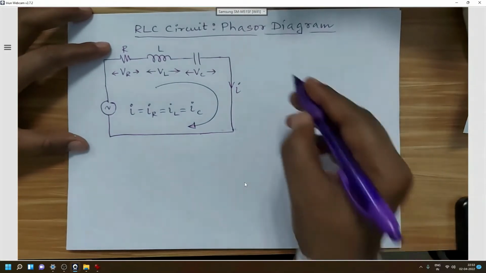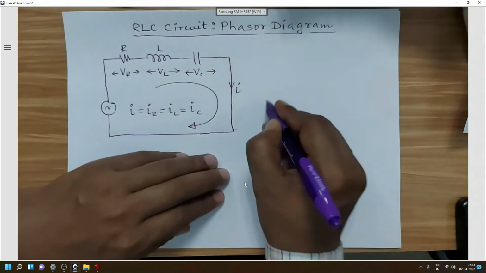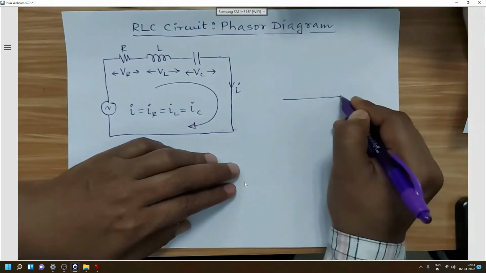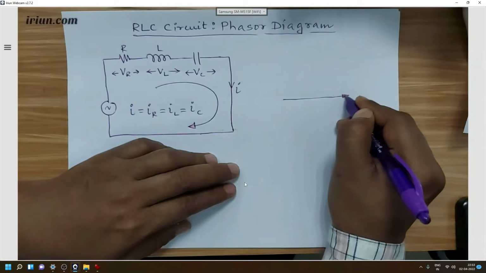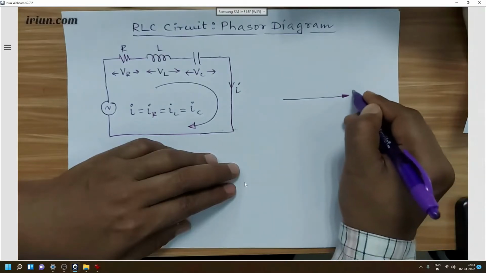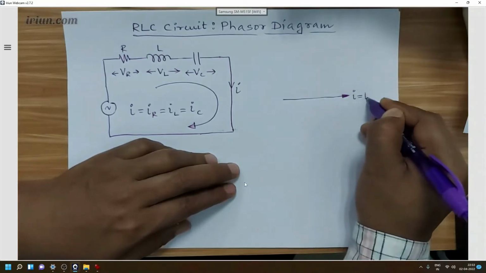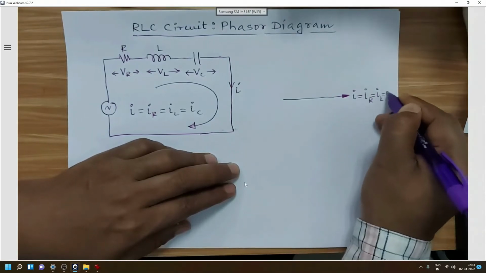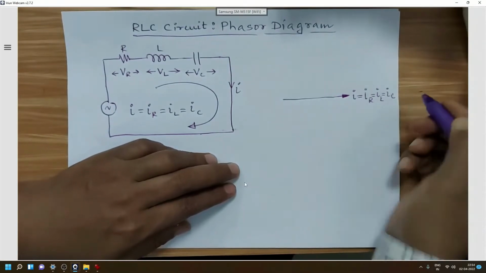Now if we want to draw the phasor diagram of this circuit, as per the earlier convention, we will take the current waveform as the reference waveform. So I equal to IR equal to IL equal to IC.